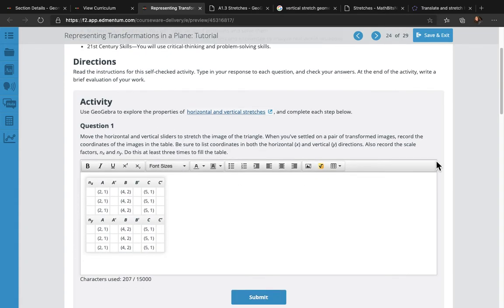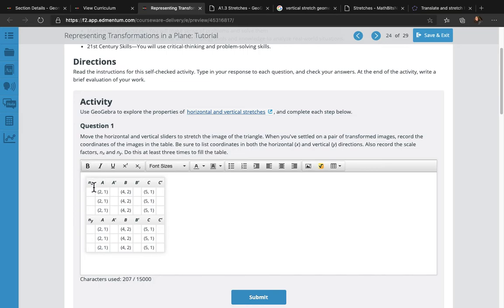It says move the horizontal and vertical sliders to stretch the image of a triangle. When you've settled on a pair of transformed images, record the coordinates of the images in the table. Be sure to list the coordinates in both the horizontal and vertical stretches. Also record the scale factors. You want to do this 3 times, okay?